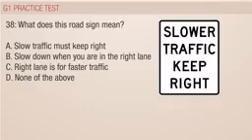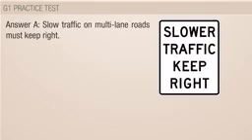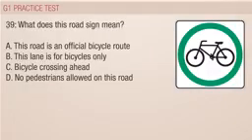Question 38. What does this road sign mean? A. Slow traffic must keep right. B. Slow down when you are in the right lane. C. Right lane is for faster traffic. D. None of the above. Answer A. Slow traffic on multi-lane roads must keep right. Question 39.